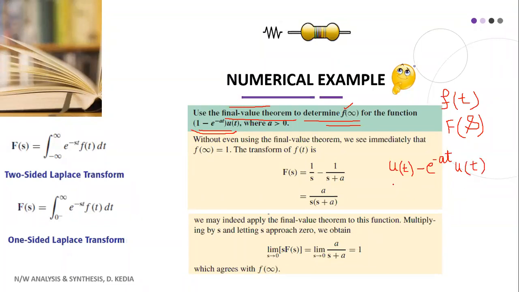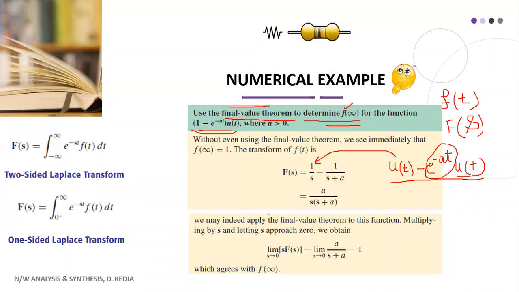This is nothing but two functions in the time domain. You can apply the linearity property, find out their individual Laplace transforms, and then you will get the answer. So what is that? See here, this is the Laplace transform of u(t), that is 1 by s, and here u(t) is multiplied with e raised to minus at.